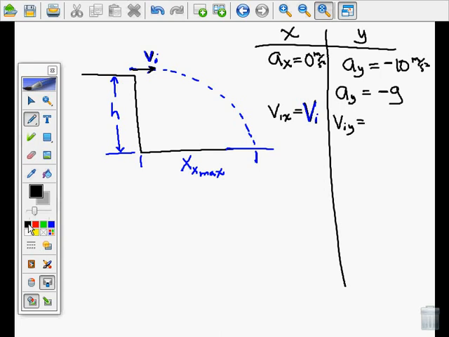But in the y direction, initially, the projectile is only going horizontally for the initial moment that it's released. Of course, the second moment in time, it starts to go down because gravity is going to start pulling it down. But the first instant of time, it's only going horizontally. So this here is 0 meters per second.